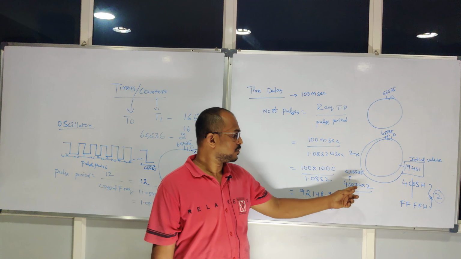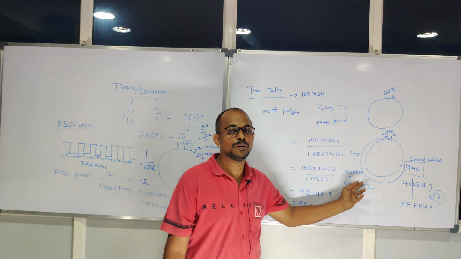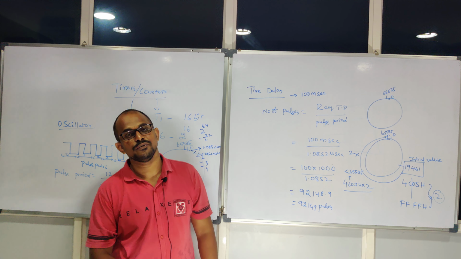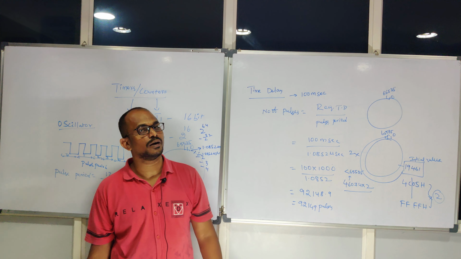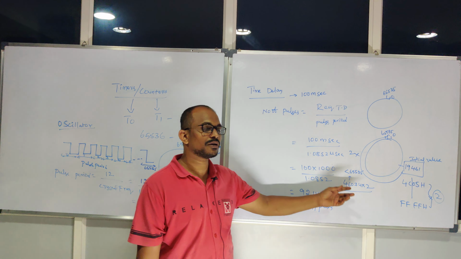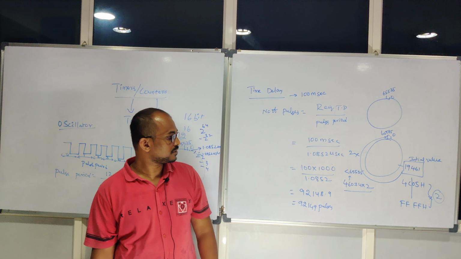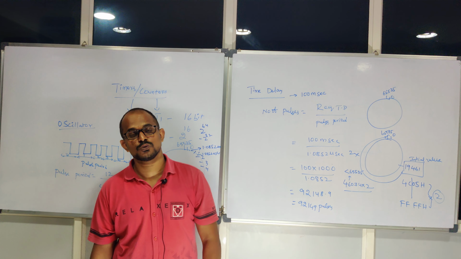Okay, so coming to here, I am unable to count 92,148 in just one rotation, so I need to repeat my timer compulsorily. So what I am trying to do here is count 46,074 pulses 2 times.